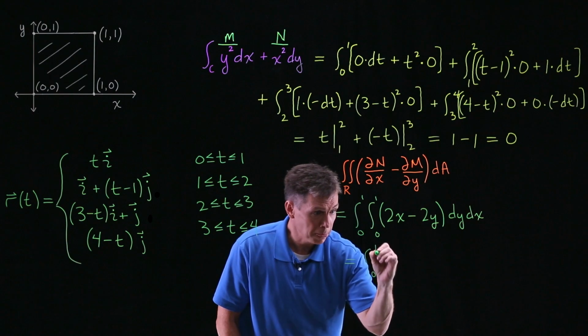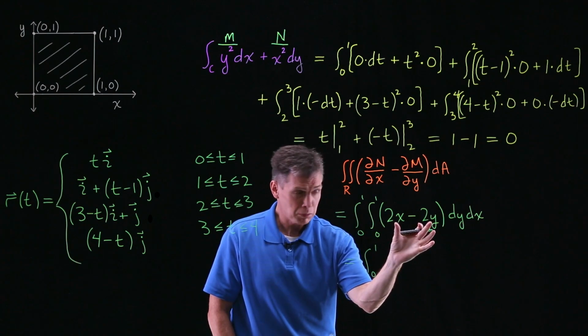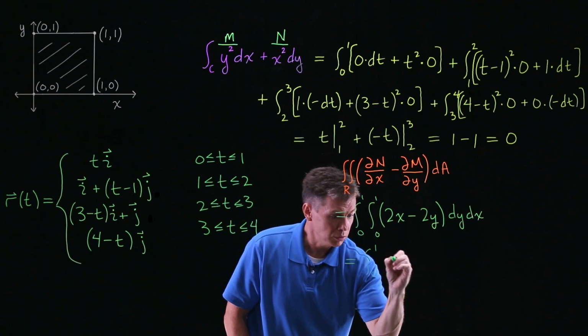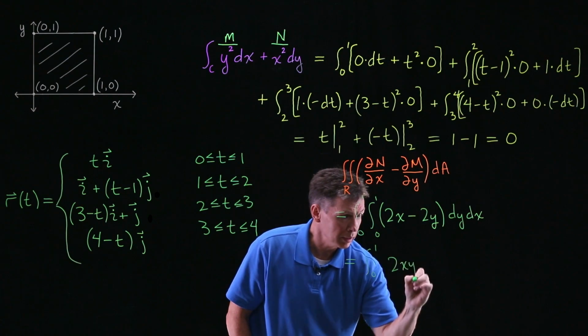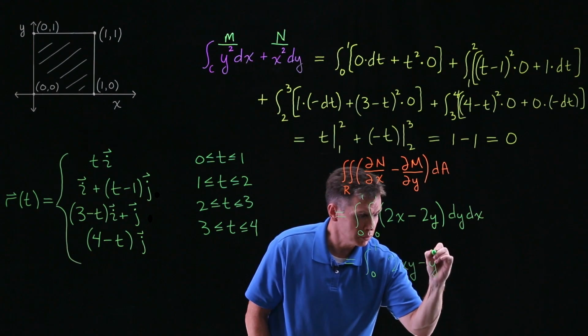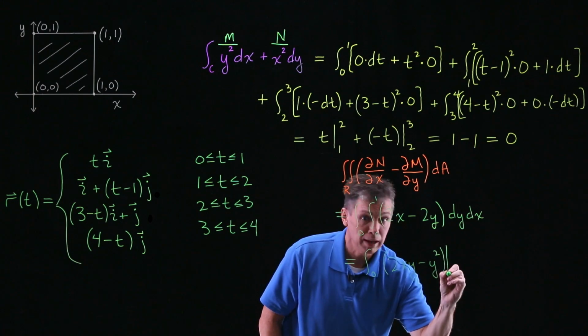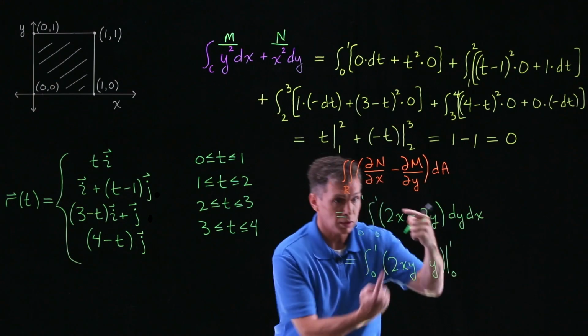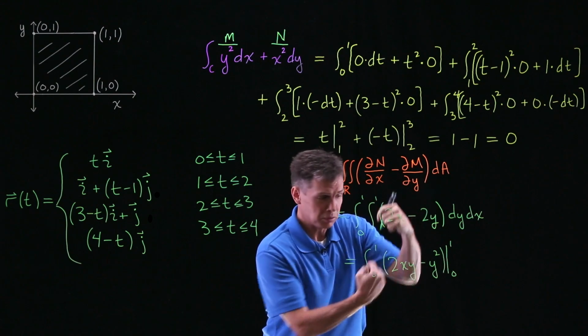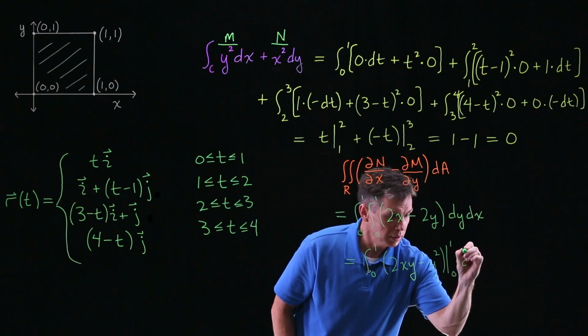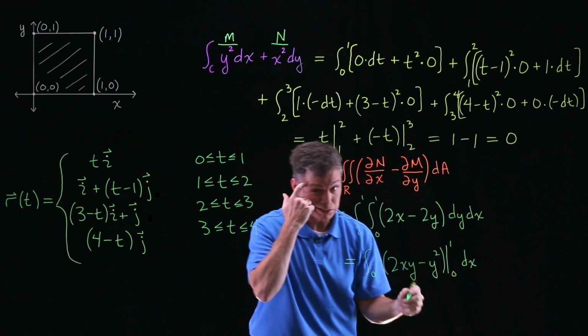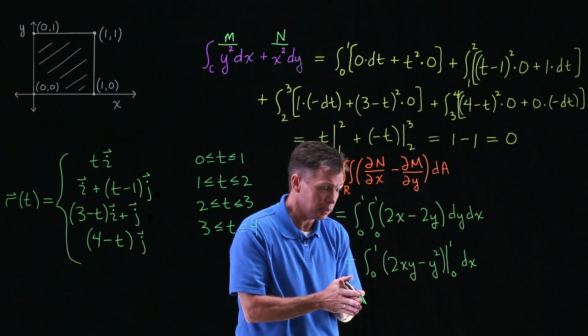Keep the outside. And if we integrate the inside with respect to y, I'm going to get 2xy minus y squared. I still need to evaluate that from 0 to 1 from my inner limits of integration. And once I get that, there's still a dx outside there.